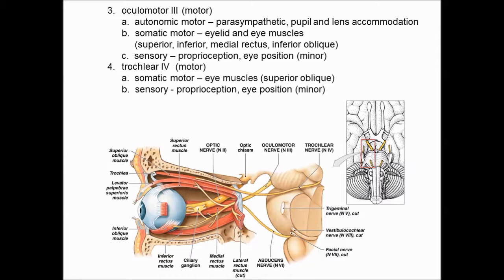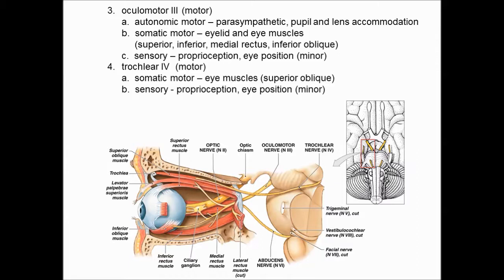Several of these nerves, and it's a pretty small point, I just put it in here for completeness, but several of the cranial nerves have some proprioception because these muscles have some very small muscle spindles we talked about before that give some control of how precise they are, their precision.